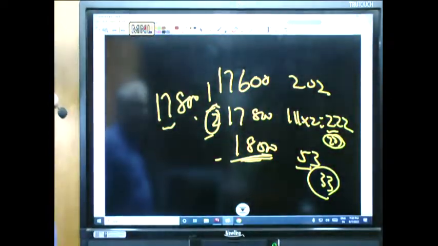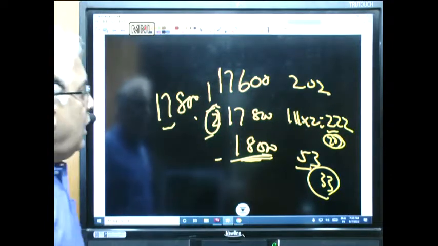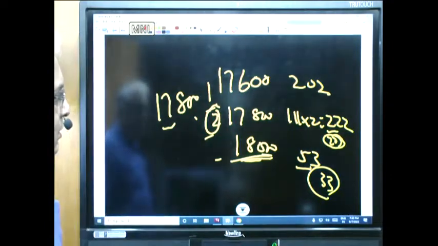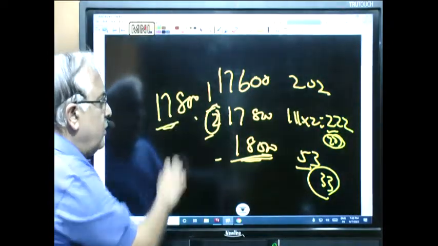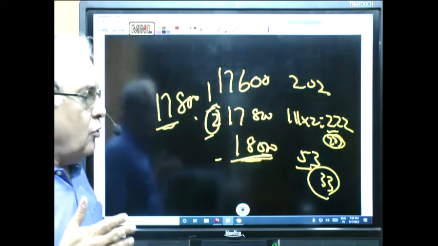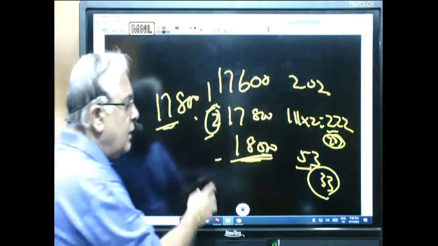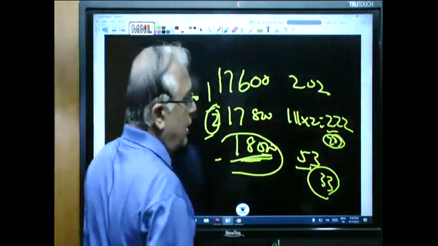So for which you need to put some distant one, at least. I'm talking without referring to any margin. Now suppose the Nifty has not crossed 17,780 till now, in the last couple of days. If it starts to cross 17.8, then at that time you buy this 18,000 call option, okay?